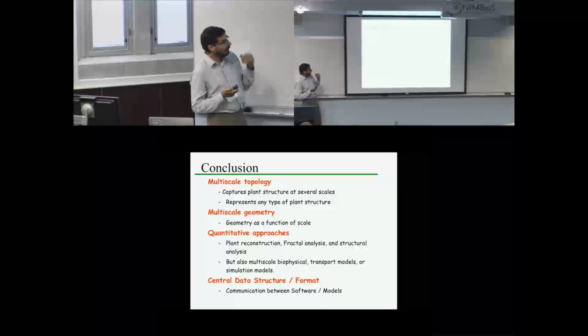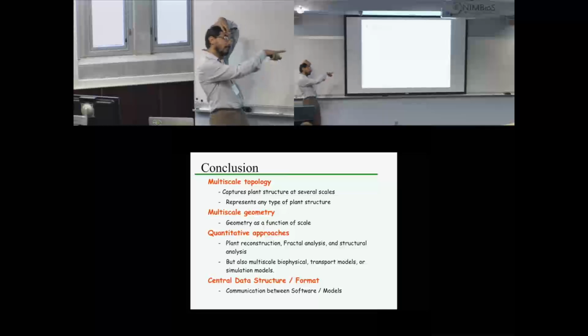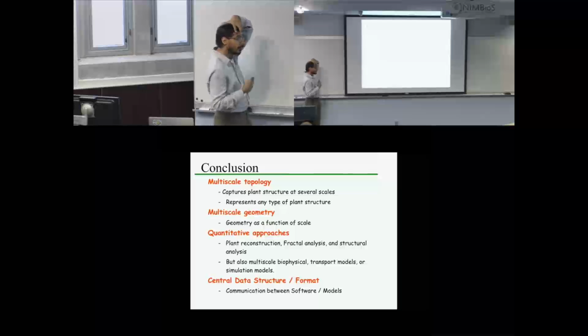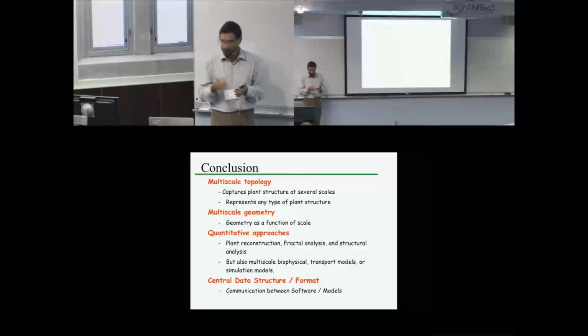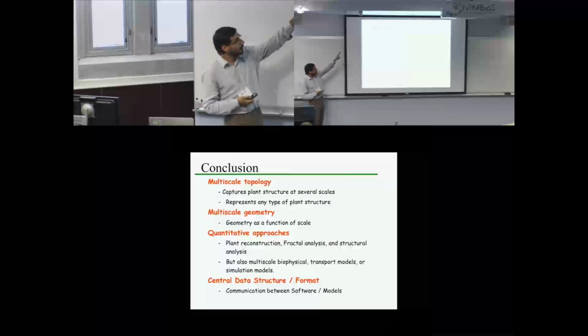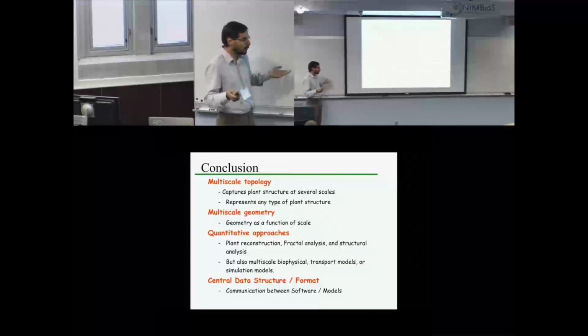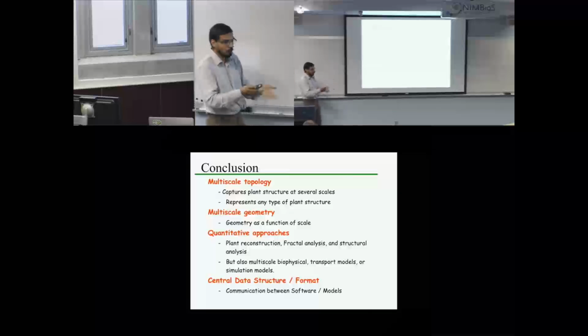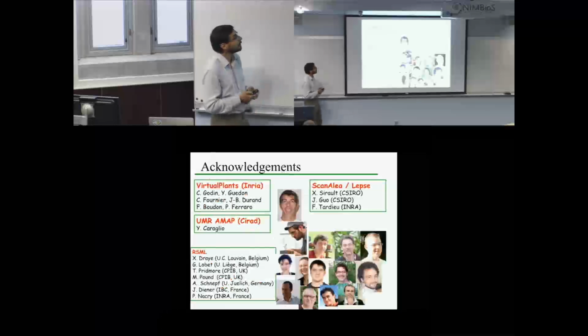And we have different quantitative approaches, but we also use multiscale information for biophysics, to compute light interception, to compute models in an efficient way, in an algorithmic, computer science point of view. Having a hierarchical representation can speed up computation time a lot. And this kind of formalism is also used to exchange both data and input-output between models, to be able to share information between different models using different formalisms.